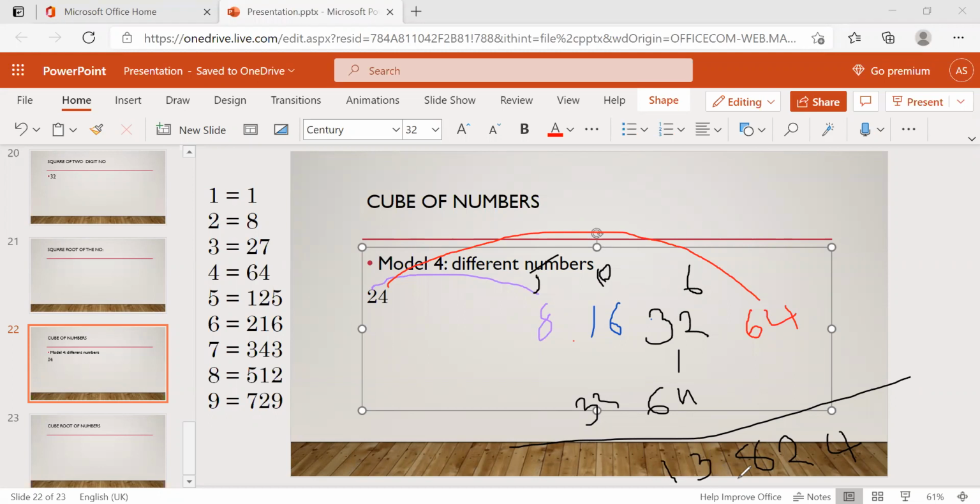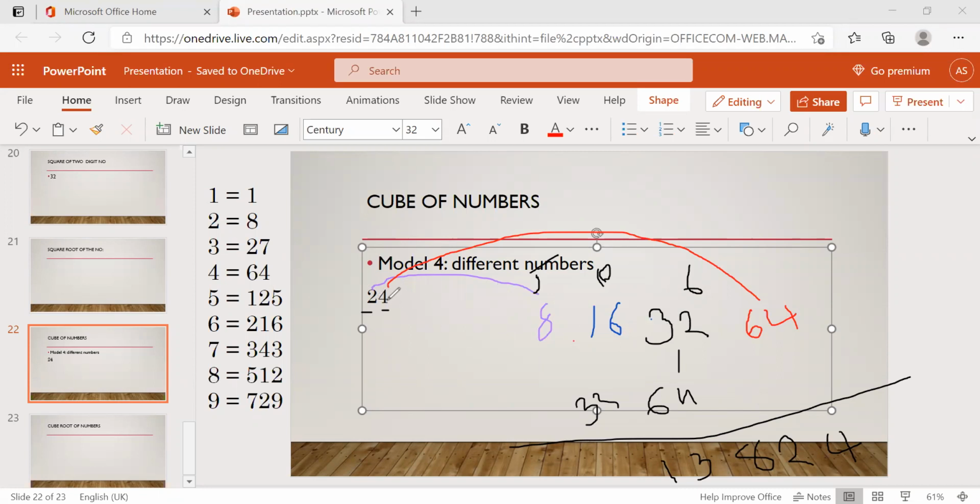To find the numbers, first of all, what we have to do? Take the first digit, and this one is the second digit. First digit cube, second digit cube, write this, and in the middle, first digit square into 2.